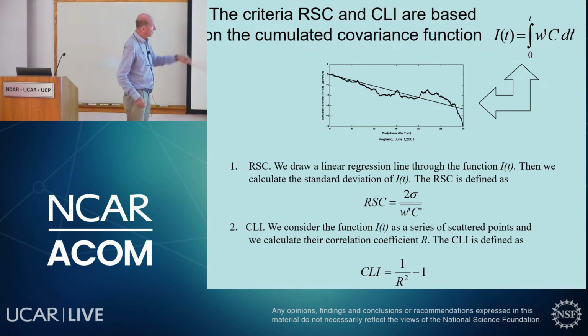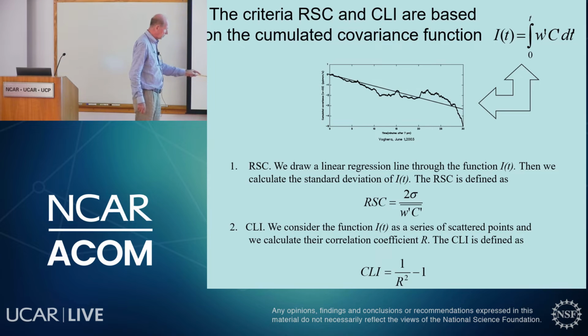And this is the function which is shown there. If you draw a linear regression through the function, we calculate the standard deviation, and the RC is defined like this. So it's the standard deviation multiplied by 2 and divided by the final covariance.